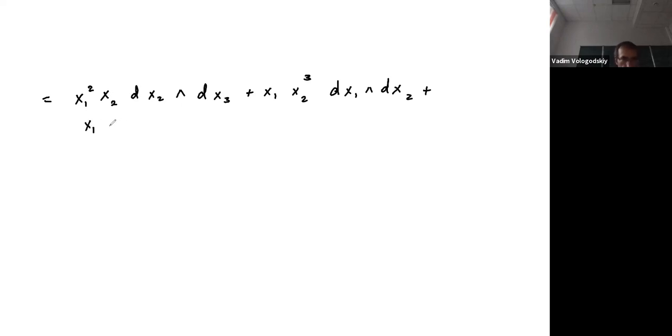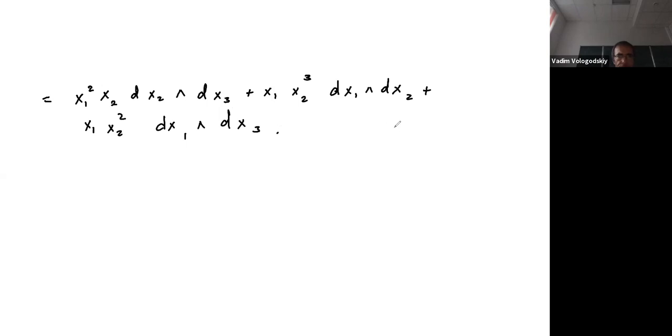x1 squared x2 dx2 wedge dx3 plus x1 x2 cubed dx1 wedge dx2 and then you have plus x1 x2 squared dx1 wedge dx2 wedge dx3.